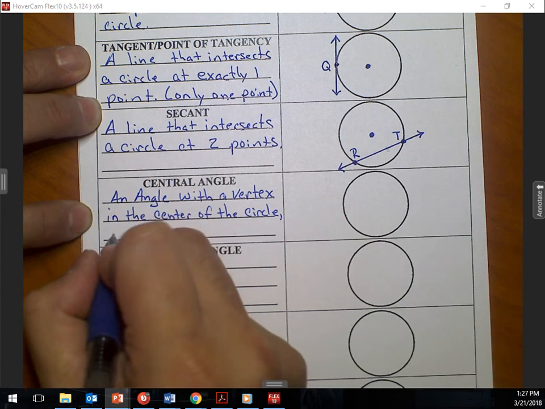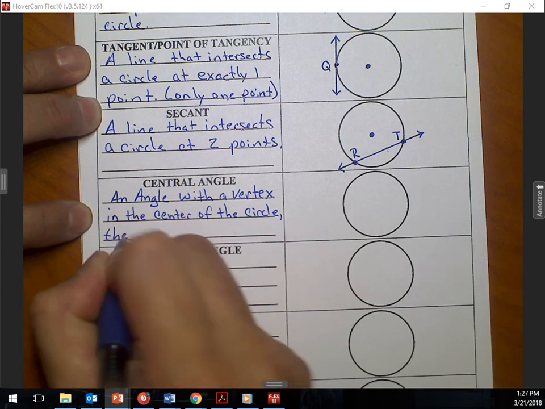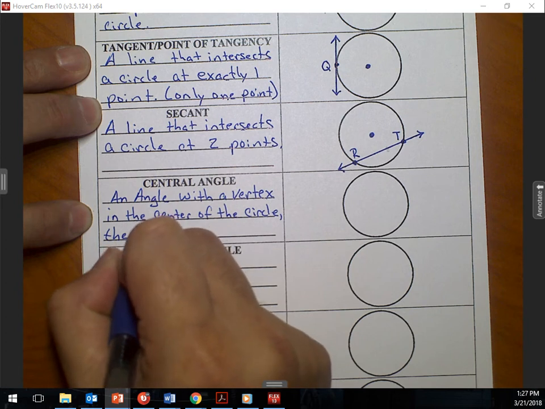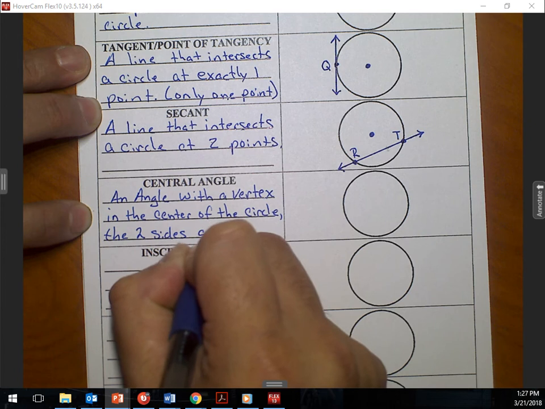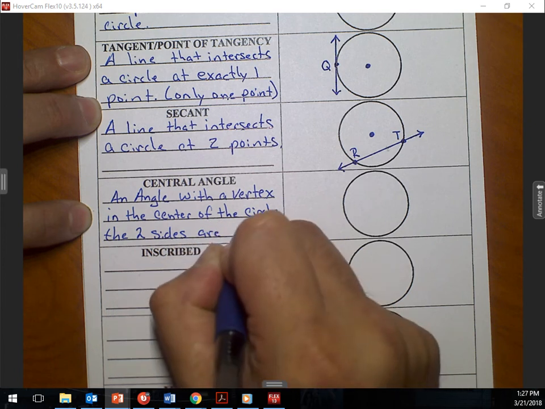And we also know the two sides are radii.